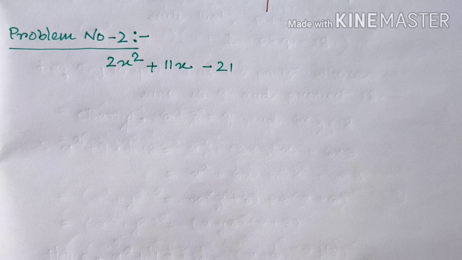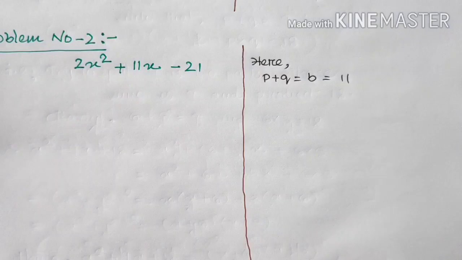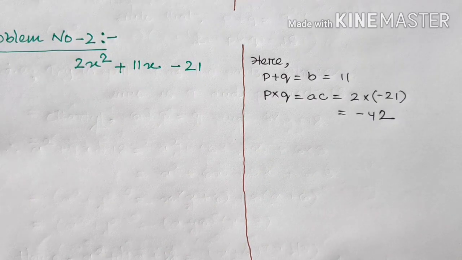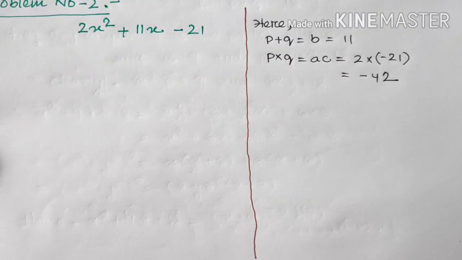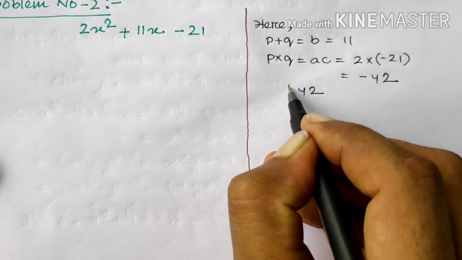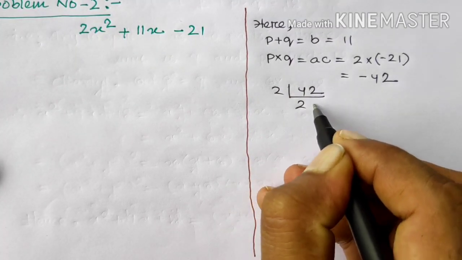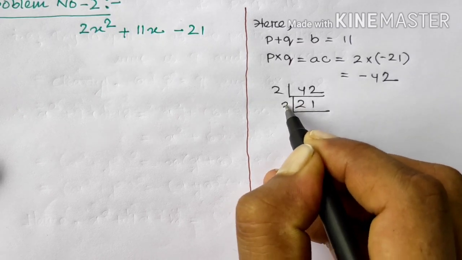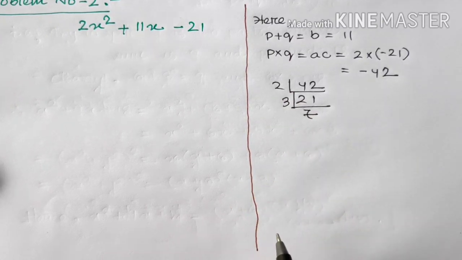Next, problem number 2. 2x square plus 11x minus 21. Here p plus q equal to b equal to 11 and p into q equal to minus 42. Therefore factorize 42 as, divided by 2 we get 21 and divided by 3 we get 7.